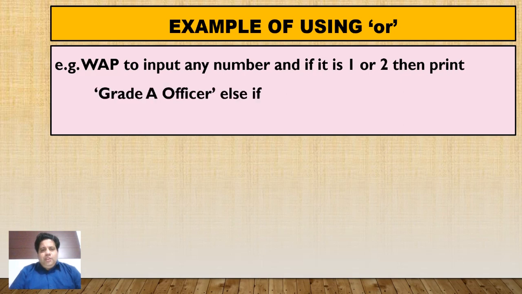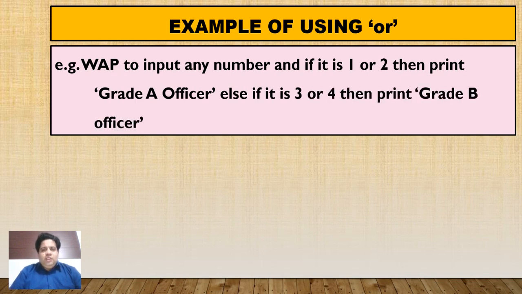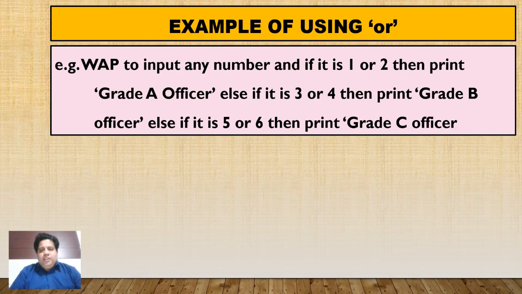Now the program says input any number, and if it is 1 or 2 print grade A officer, if it is 3 or 4 then print grade B officer, else if it is 5 or 6 then print grade C officer.